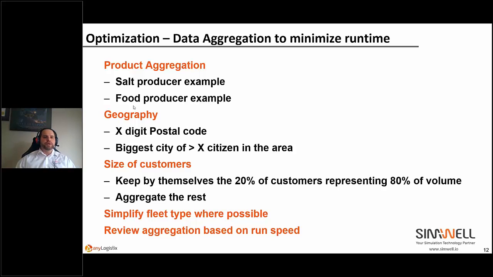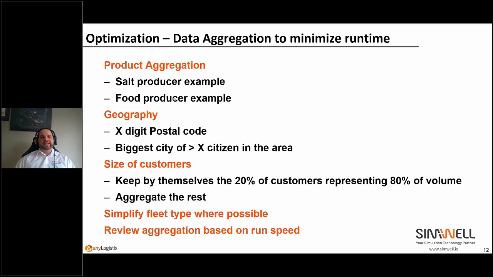data that we could. Another example is a food producer project we've done recently. They have plants all across the country, but some of their plants produce specific products. For instance, all the bio product would be produced by one single plant.